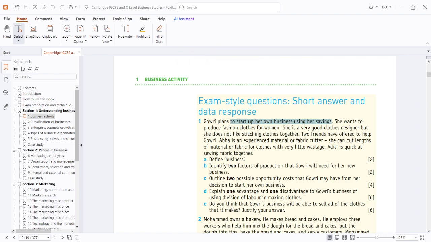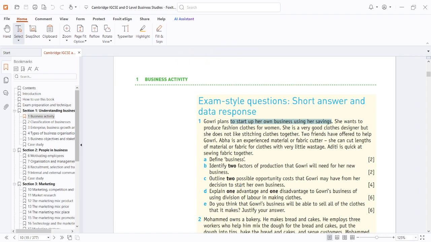But in this case, the employees that she has, i.e. her two friends, specialize in a skill, and this increases efficiency and output. That's an advantage. Disadvantage is that they can become bored in doing just one job, and then this will decrease the efficiency of the business.